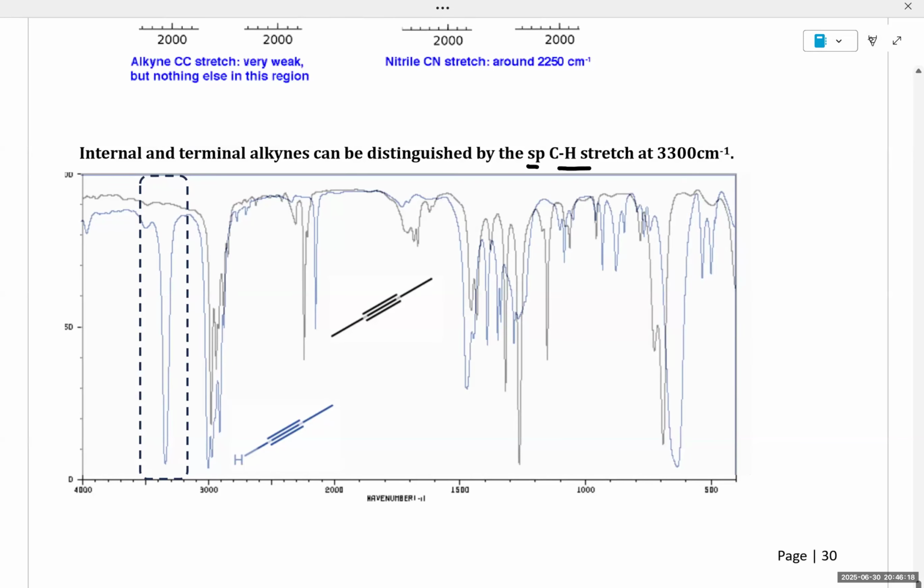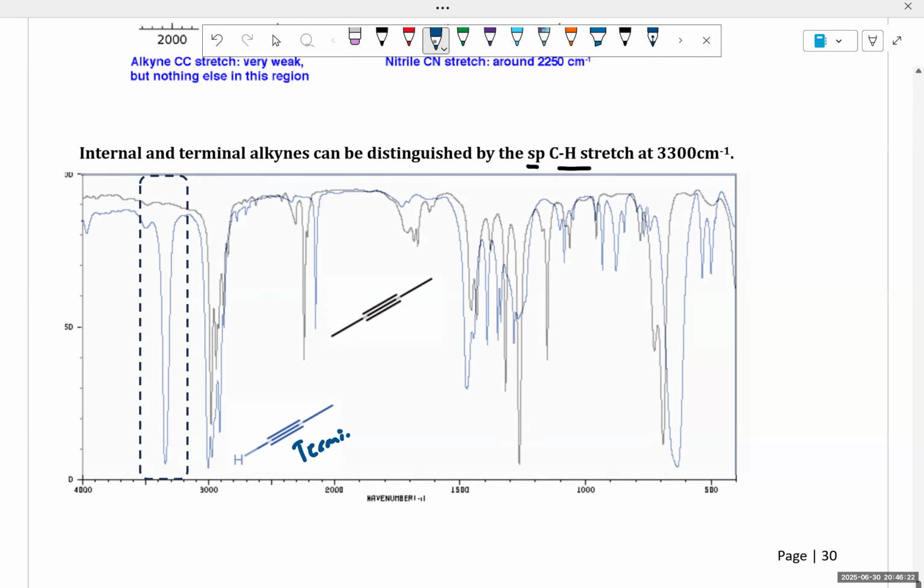So for example, as you can see in blue, if you have a terminal alkyne, you'll see the sp CH stretch at approximately 3,300 inverse centimeters. If your alkyne is internal, there's no CH stretch because there's no alkyne sp CH bond.